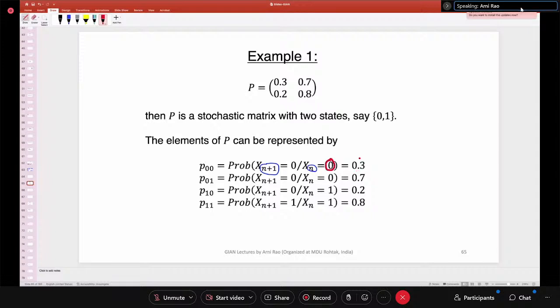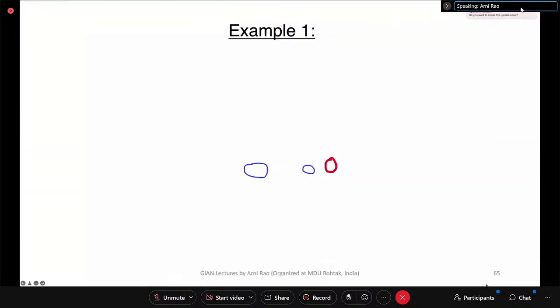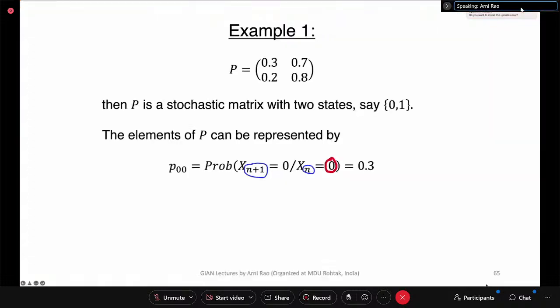And this 0.3 corresponds to this value here, 0.3. That is P00. So this is the time step. One can write also X1 to X2. If n equals 0, this is X0 to X1.